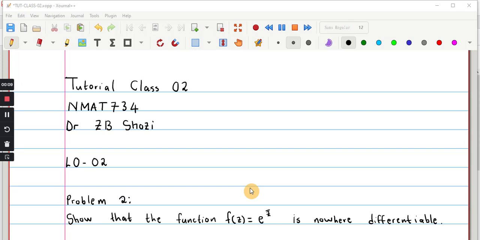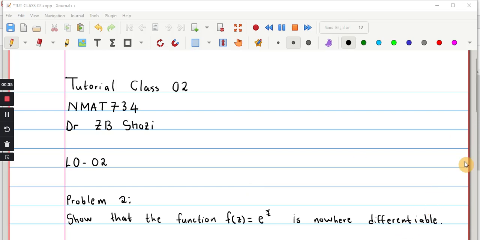Now we are looking at problem number 2. The problem wants us to show that the function f at z equal to e to exponent the conjugate of z, which is z bar, is nowhere differentiable. So we are required to show that the function f at z equal to e to exponent z bar is nowhere differentiable.